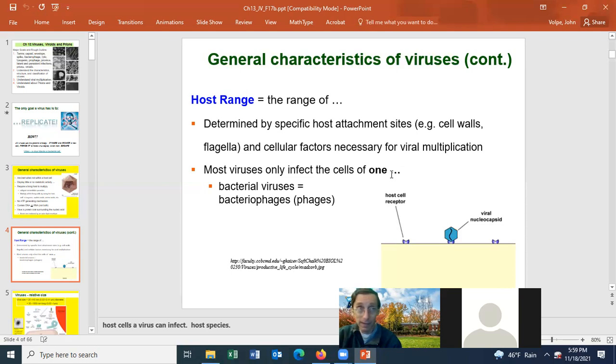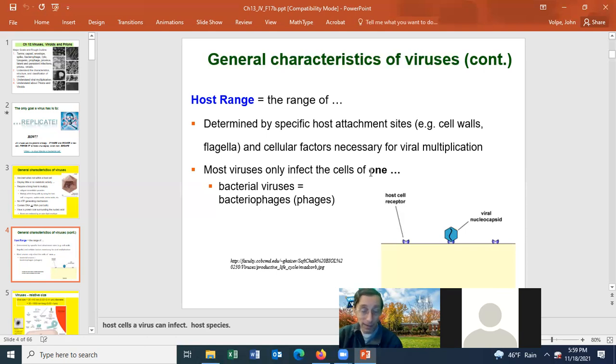So the virus can infect the chimp, and I assume the virus grows in the chimp, but it doesn't give the chimp AIDS like it does in humans. Anyways, the specific binding of the viral factors to the host receptor factors makes the virus specific and determines the host range of the virus.